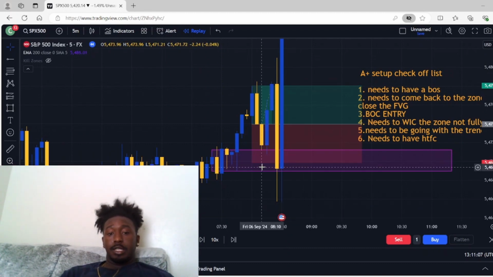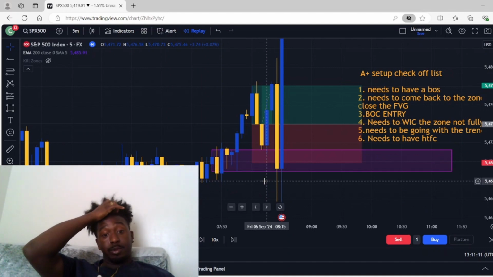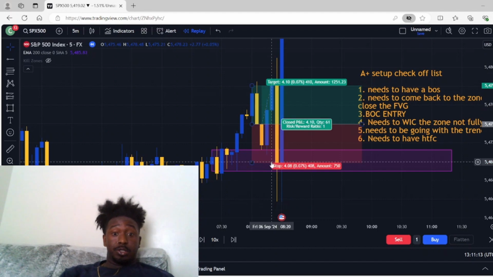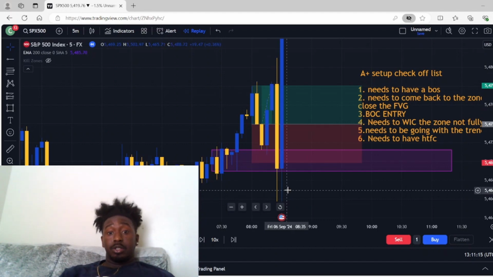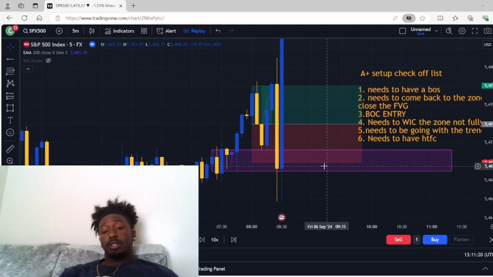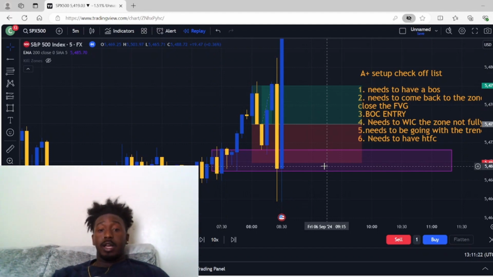So I mean, literally, if you wanted to trade news, I guess you could have waited for this liquidity grab to happen. And if you're going to trade news, I definitely say, hey, trade liquidity grabs, right? Because with supply and demand, the demand zones just don't hold around news the way a liquidity grab would.